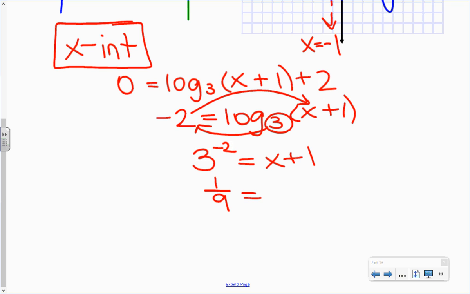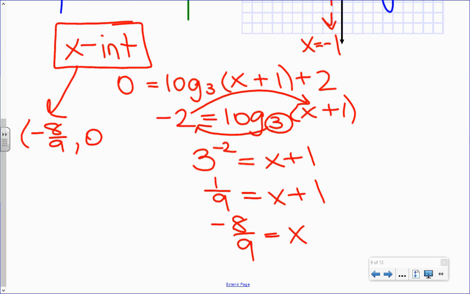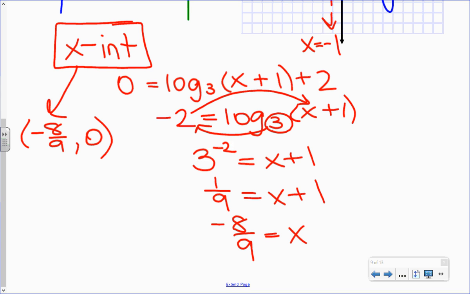So our 1/9, we would subtract 1, is negative 8/9. So our x-intercept would be negative 8/9, 0. Okay. That's a little glimpse into what we will be working with next week. But we have the skills to do it.